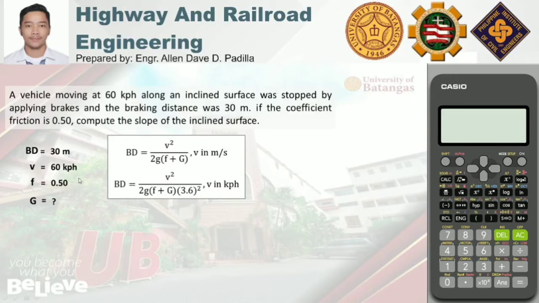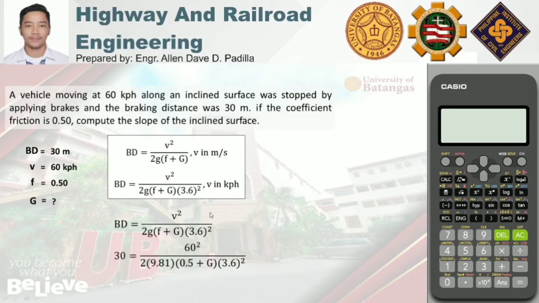But since the velocity here is in kilometers per hour, we will use this formula: V squared over 2g multiplied by F plus G, multiplied by 3.6 squared. So let us substitute. We have 60 squared divided by 2 times 9.81, the acceleration due to gravity, multiplied by 0.5 plus G, multiplied by 3.6 squared.